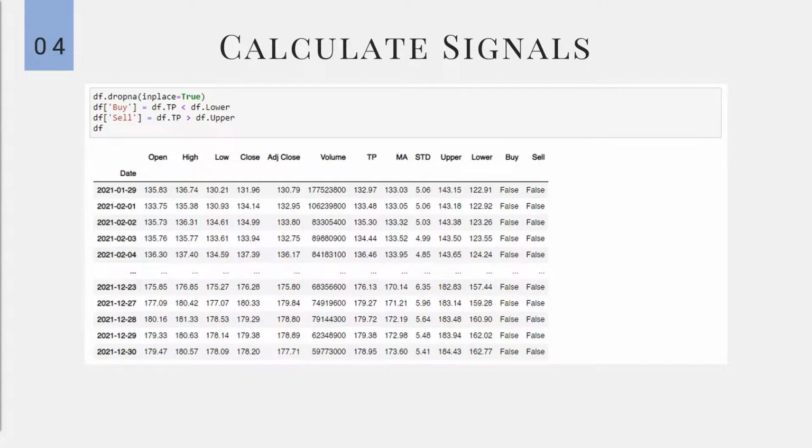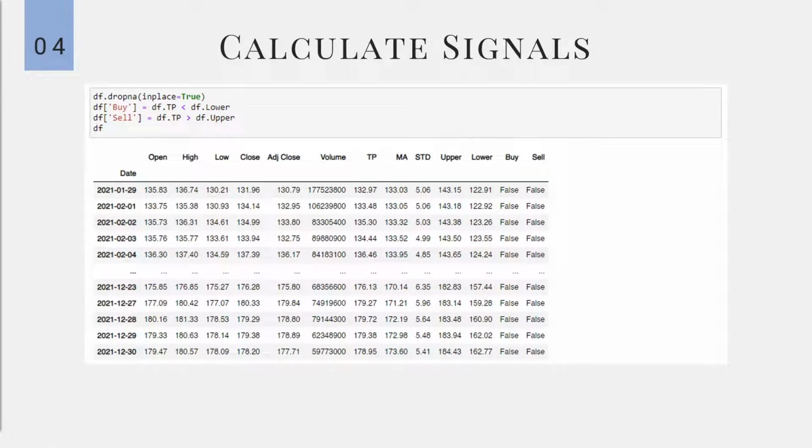So just for simplicity, let's calculate the signals too. So in the first row we dropped the NA values. So you can see we don't have them anymore.